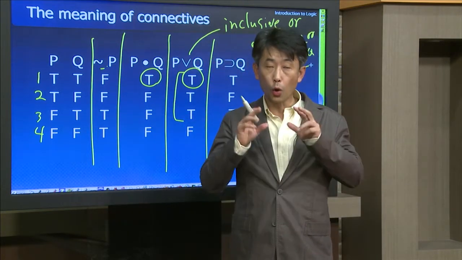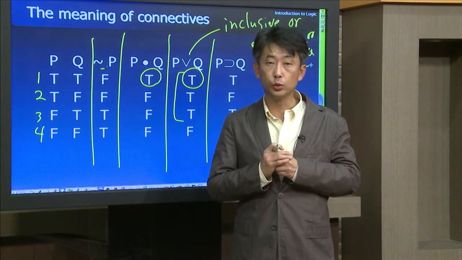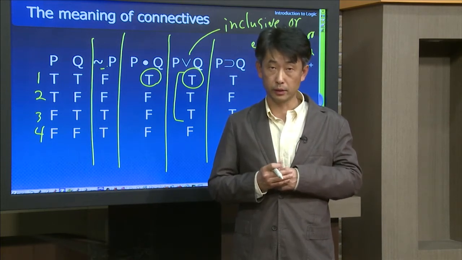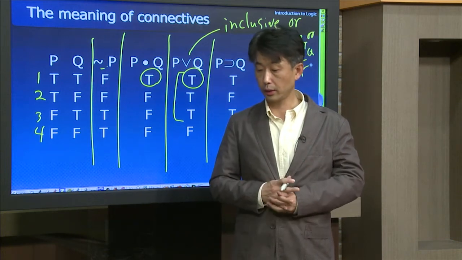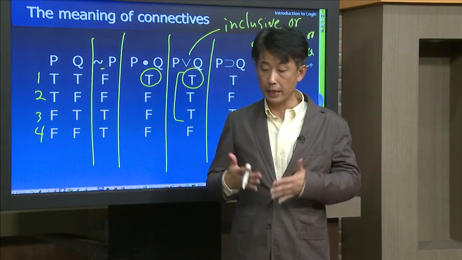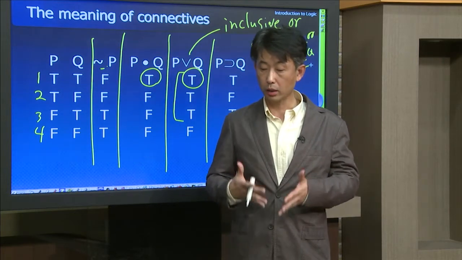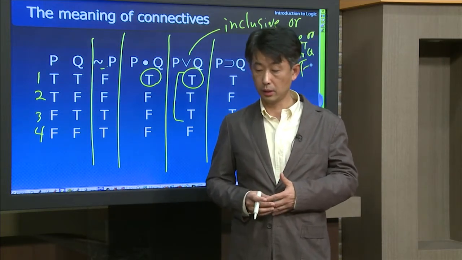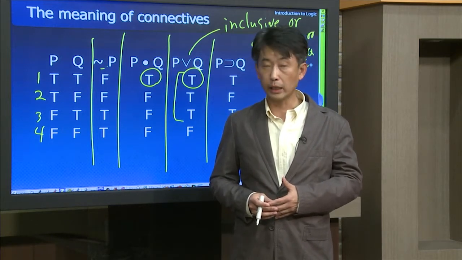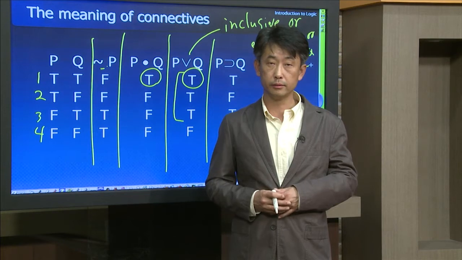In English, "or" sometimes does mean the exclusive sense. A mother tells the kid that you can choose either ice cream or chocolate chips. She probably means the kid has to choose one or the other, not both.